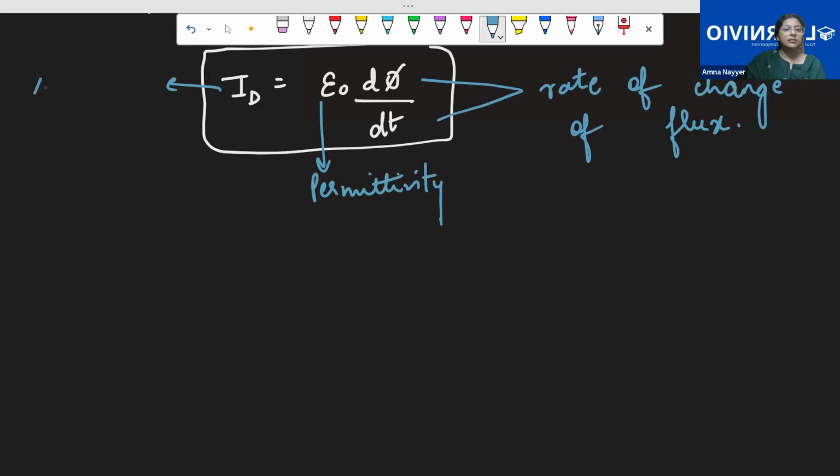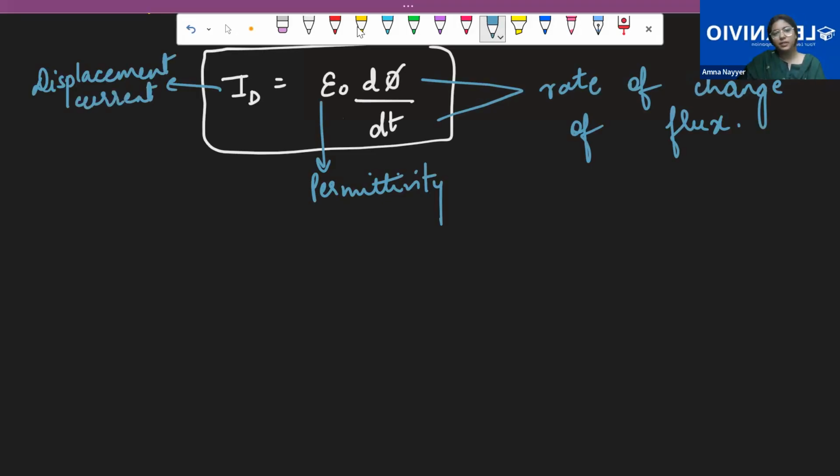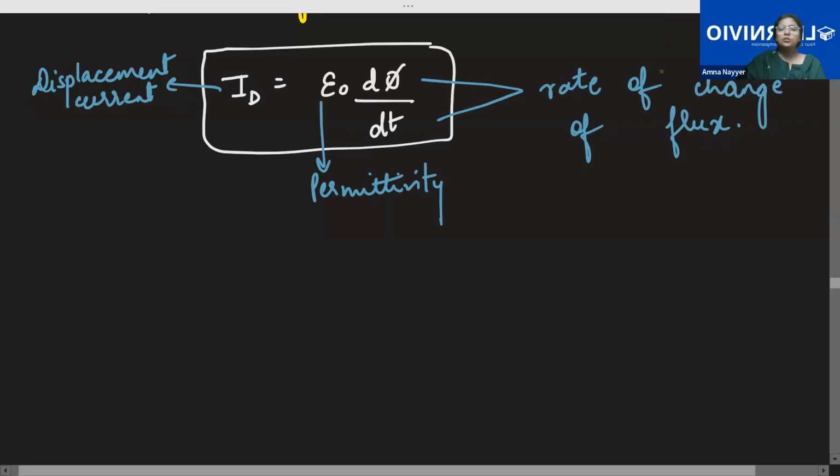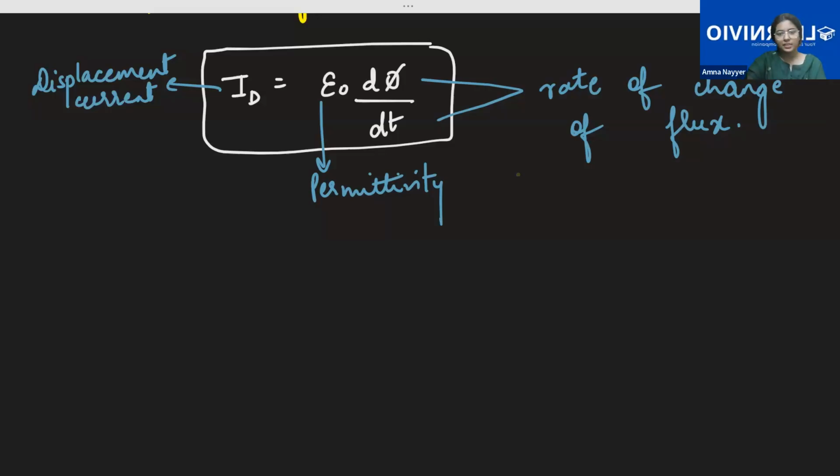And ID is the displacement current. Okay, this is the displacement current that is present.